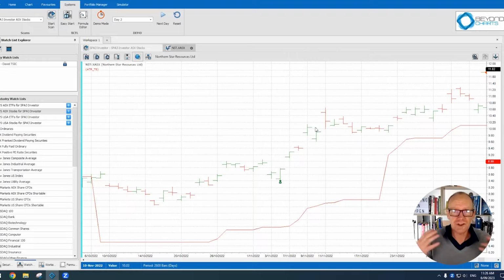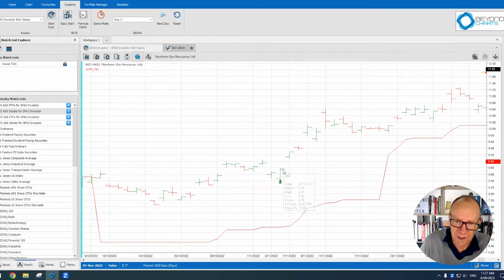The average true range, or average trading range, is taken over a 21-day period. It's looking at the average range, from low to high on each one of these bars, over 21 bars. It's averaging that trading range, but it's also including these gaps.